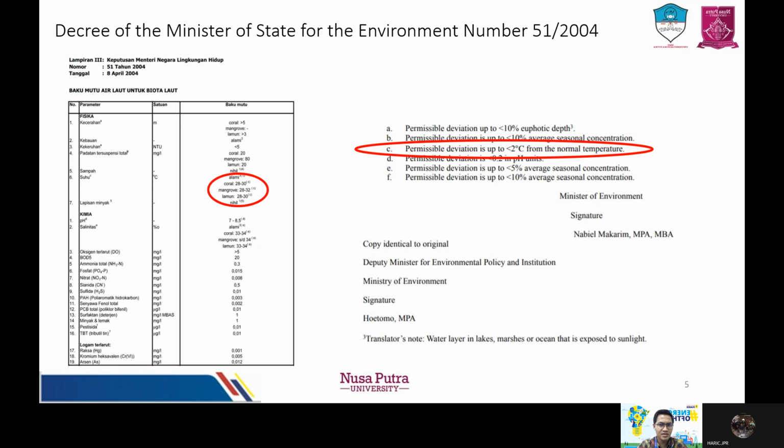It will result in disruption of marine biota around the dumping canal or outfall. You can see the permissible deviation is up to 2 degrees Celsius from the normal temperature.